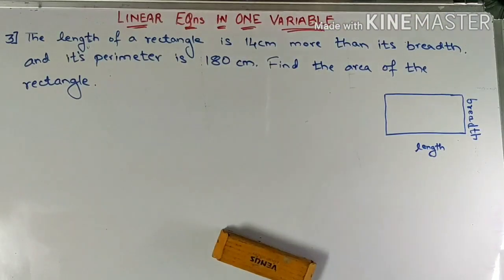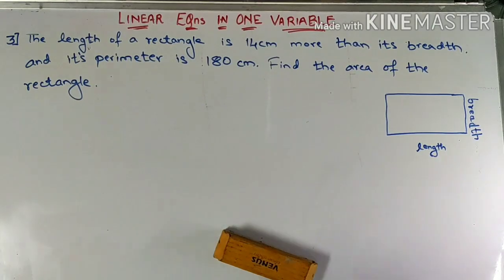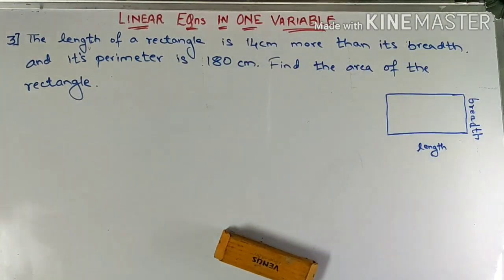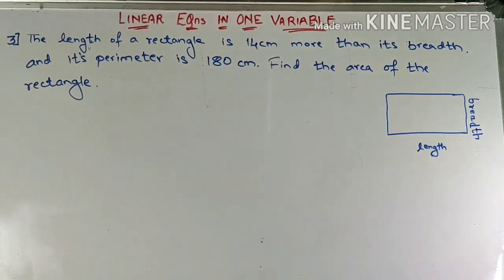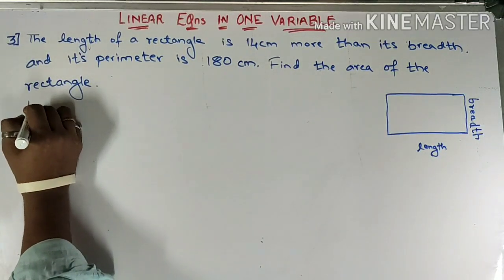So in this question, the length of a rectangle is 14 centimeters more than its breadth and its perimeter is 180 centimeters. Find the area of the rectangle. So the first condition we are supposed to note down, that is, let one of the values, let the breadth be x.